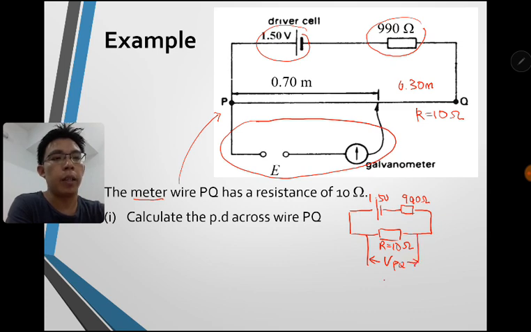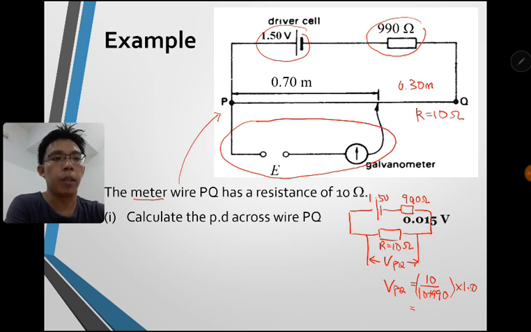Applying the potential divider rule, it is the ratio of its resistance 10 ohm divided by the total resistance 10 plus 990 ohm, multiplied by 1.5 volt. If you forgot about this, refer back to the previous notes.